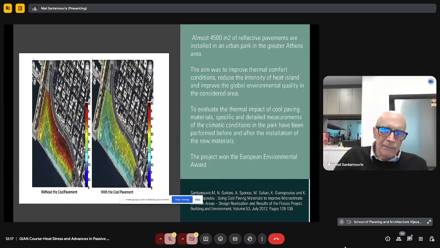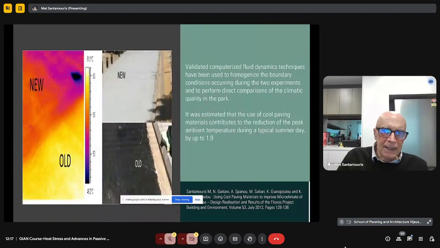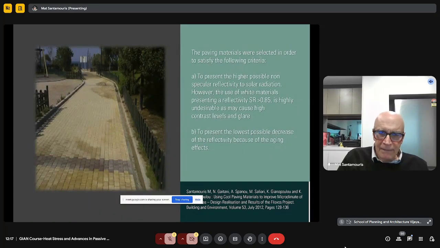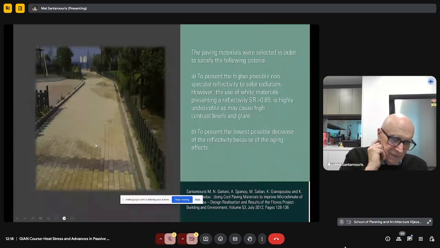The temperature in the urban park before the rehabilitation was quite high during the summer, up to 35, 36 degrees. This was the ambient temperature. To rehabilitate the park, we developed some infrared-reflective tiles. These are tiles used in the park, but they are infrared-reflective.